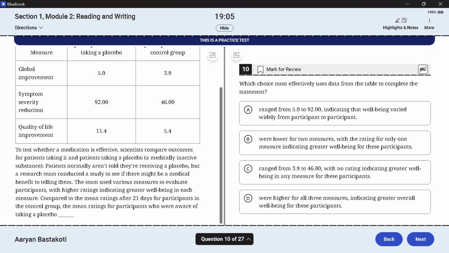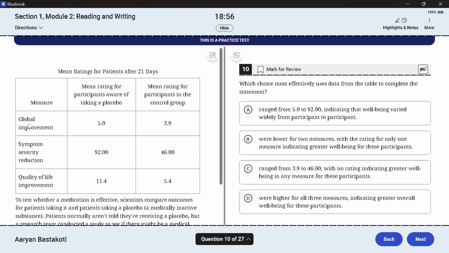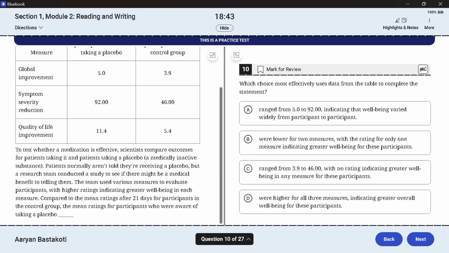Compared to the mean ratings after 21 days for participants in the control group, the mean ratings for participants who were aware of taking a placebo. Global improvement, mean rating of participants in the control group, severe reduction, quality of life improvement. Okay, what do we need?